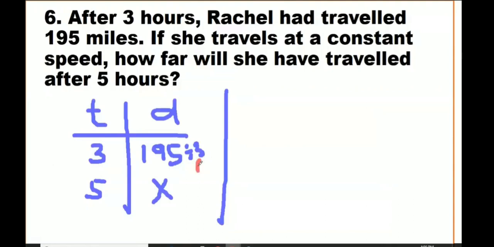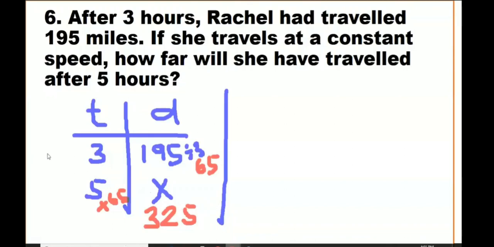So again, the 65 here is the scale factor. So what is 5 times 65? The answer is 325. So that is the value of our x.